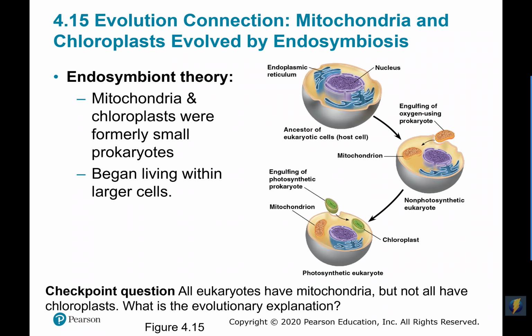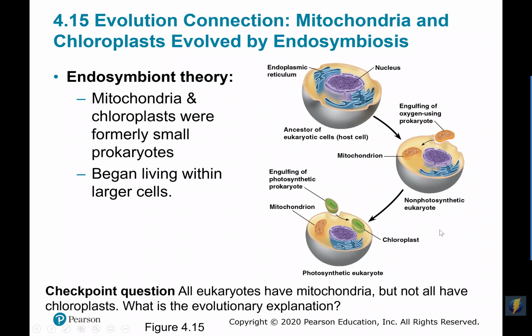Eventually the mitochondria lost the ability to live on their own and can now only exist inside the eukaryotic cells. So all eukaryotic cells have mitochondria, but animal cells, protists, things like that have no chloroplasts, only the algae and plants.